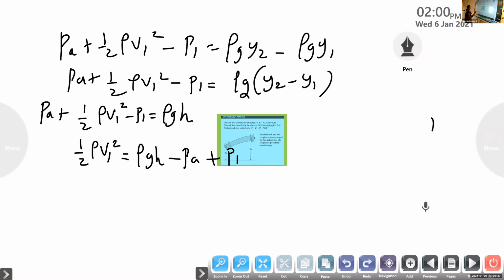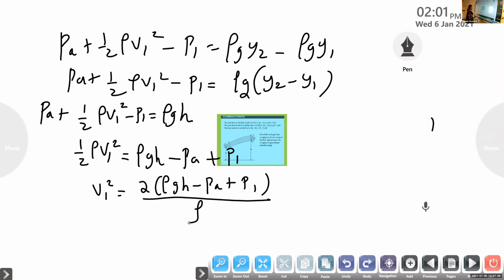Thus, V1 square is equal to, this is 2, so cross multiply entire system. You will get 2 into rho GH minus PA plus P1 divided by rho.